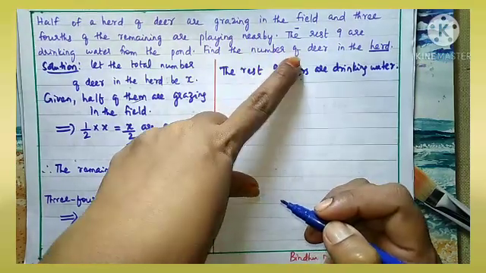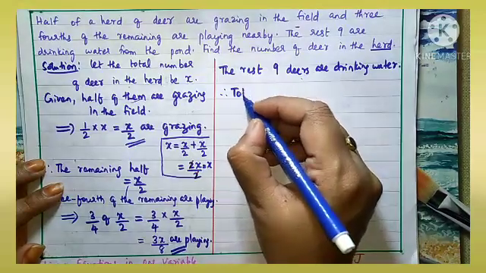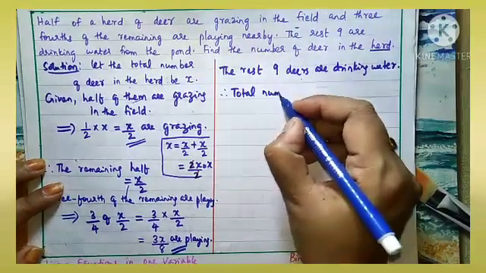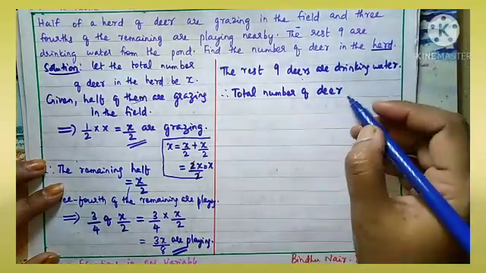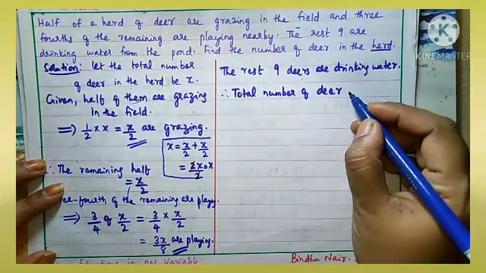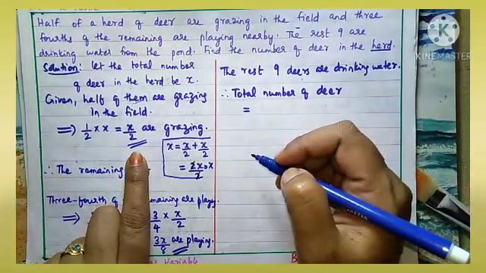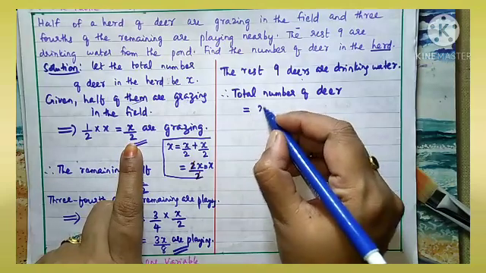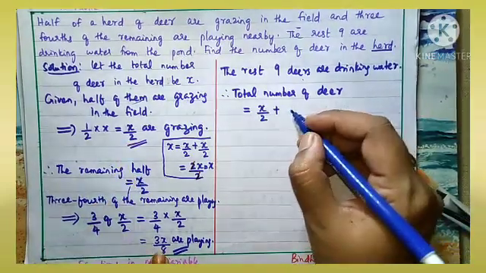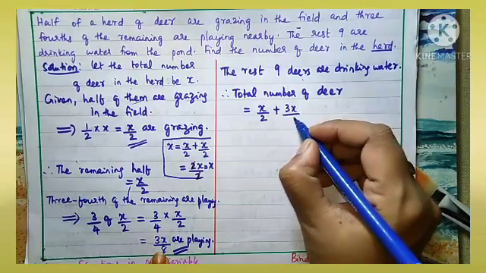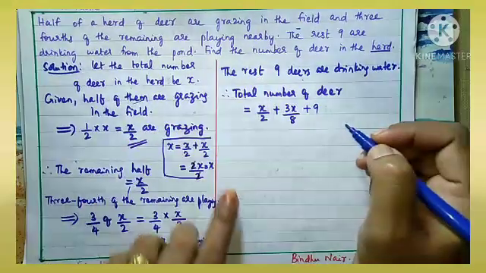Now we want to calculate the total number of deer. Therefore, total number of deer is equal to, yes. So how can we find out the total? Yes, first half, that is x by 2, are grazing, plus the next part 3x by 8 are playing, and the third part 9.